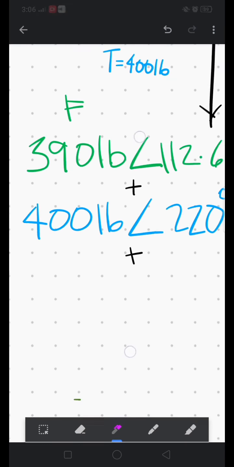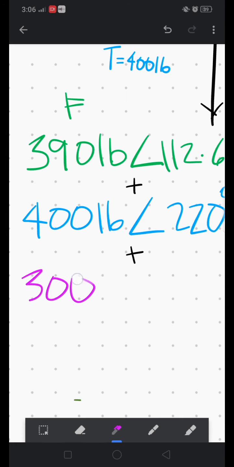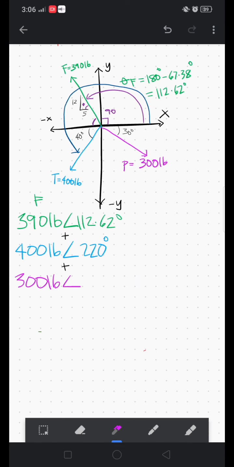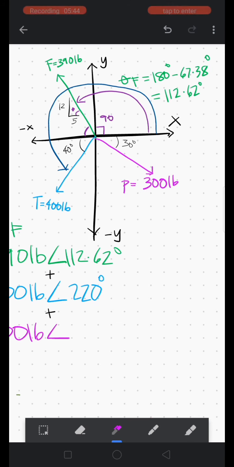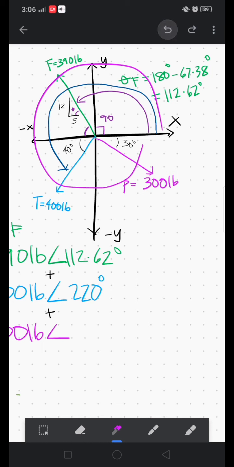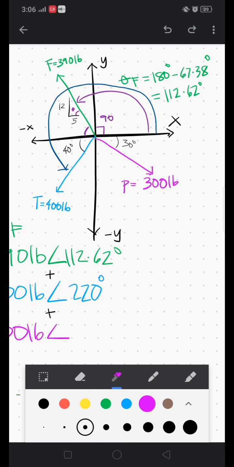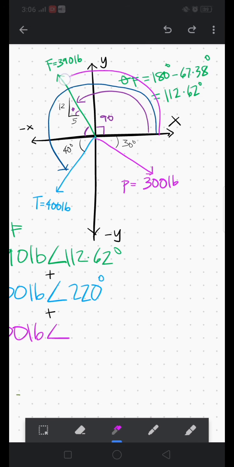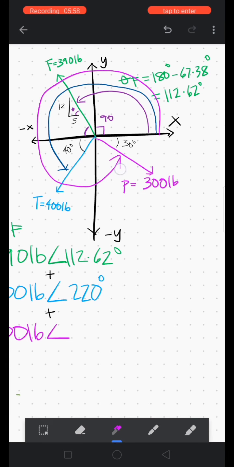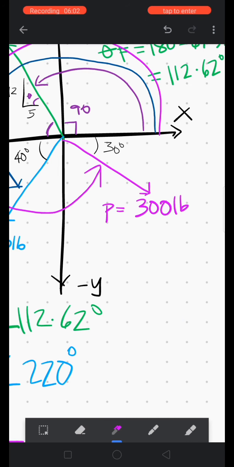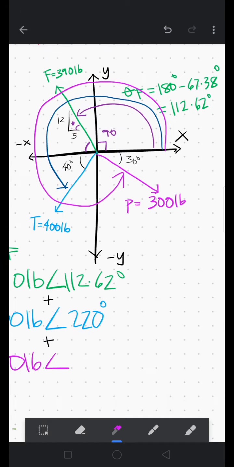So you see, we're simply adding here 300 pounds times the angle. If this whole circle is 360 degrees, and we subtract 30 degrees from it, then this angle should be 360 minus 30, which is equal to 330 degrees.